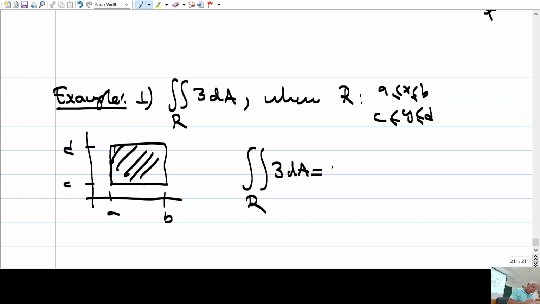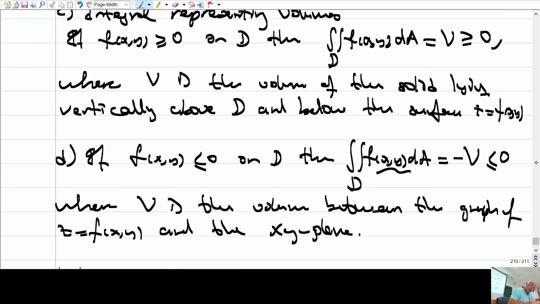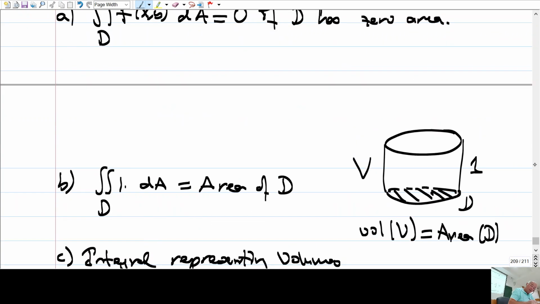3 dA, 3 goes out, you get 1 dA, and the integral of 1, right? We had that one over here. The integral of 1 is just the area of the region.